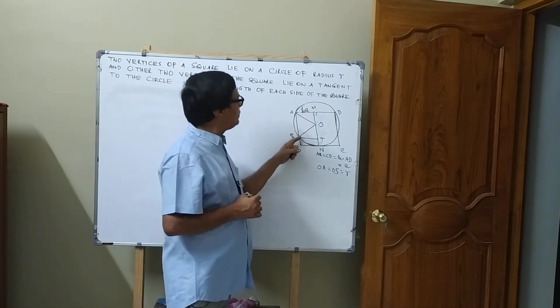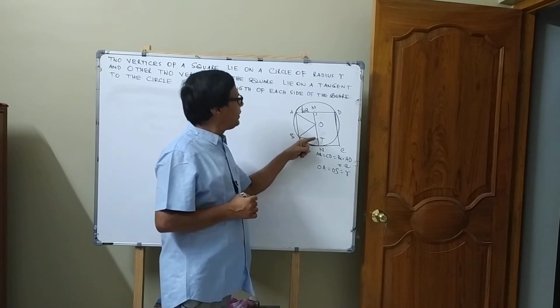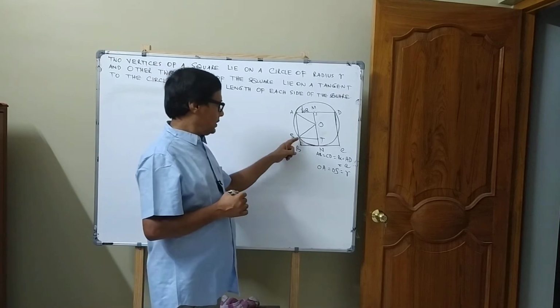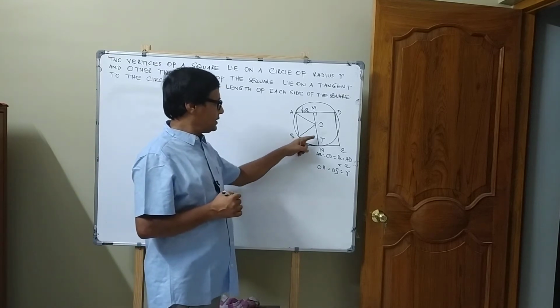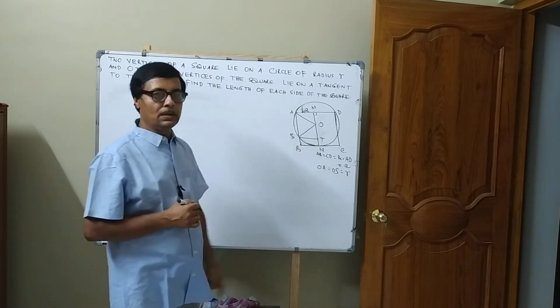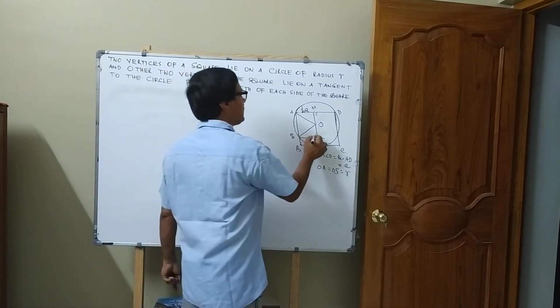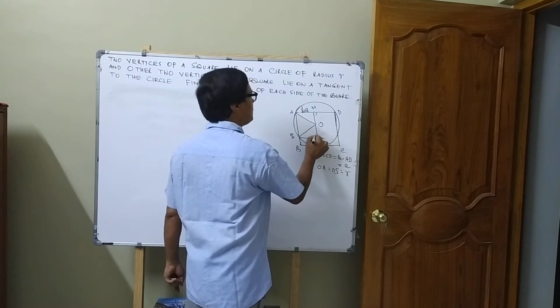We have also drawn ST perpendicular to this line MN. So we can easily verify that STNB is a rectangle. All angles are perpendicular.